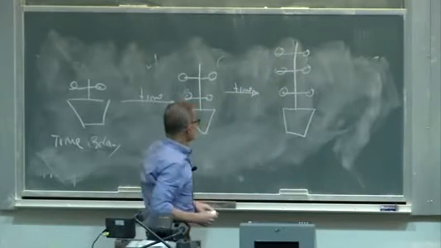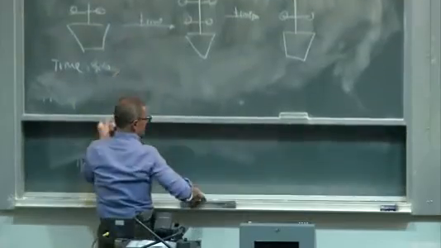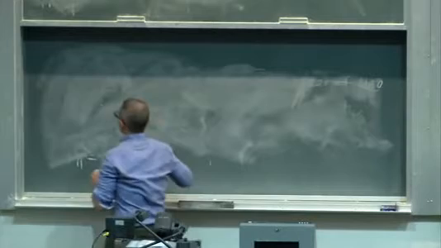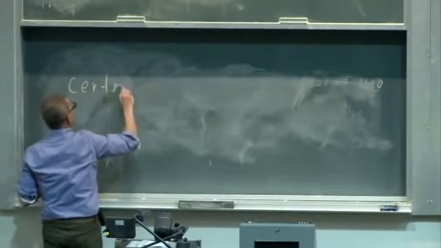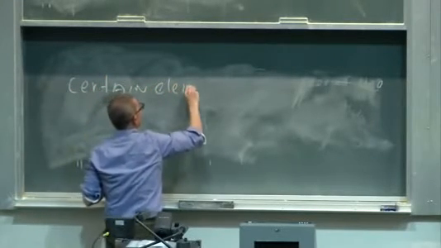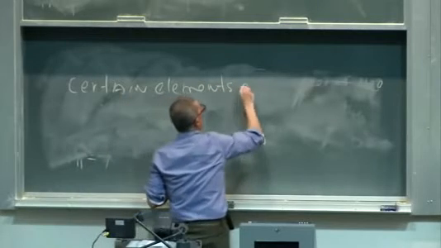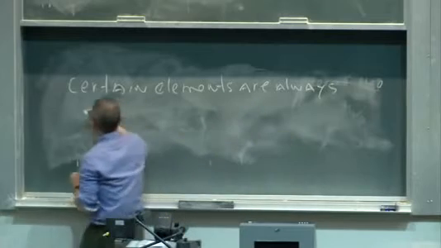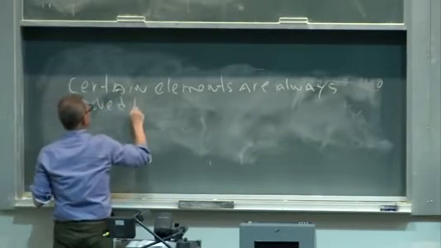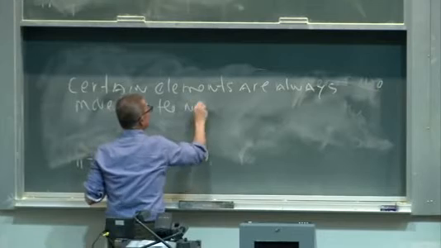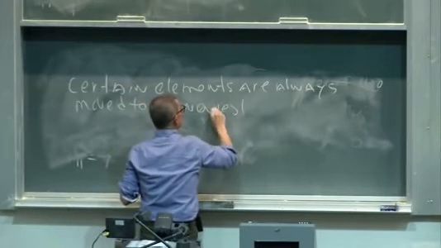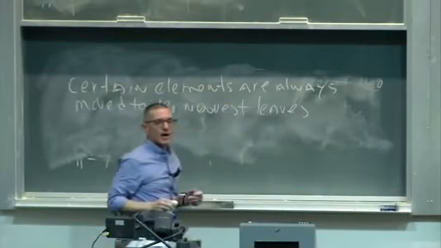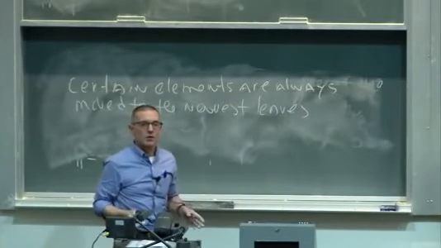The reason we're asking that is because certain elements are always moved to the newest leaves, whereas other elements remain in the oldest leaves.